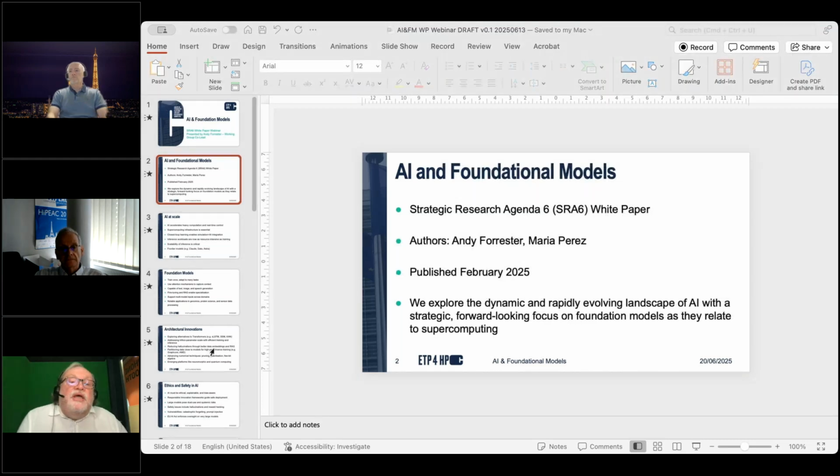Foundational models are in effect large-scale, pre-trained neural networks that serve as a base at scale for a wide range of downstream tasks. These models, such as ChatGPT, Llama, Gemini, and Claude, are continuously fine-tuned for a very broad range of use cases.